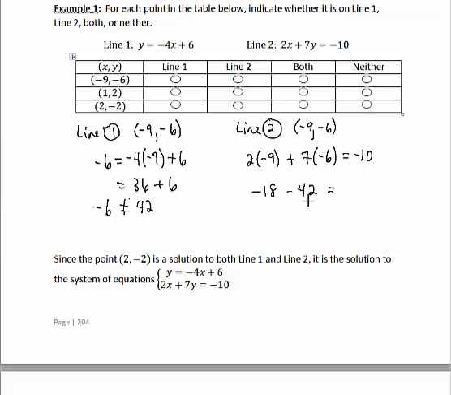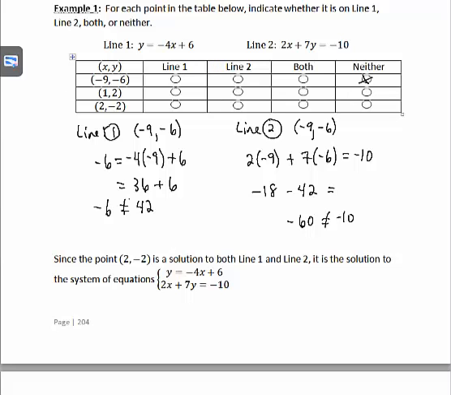We just want to calculate the left and compare it to the right, see if they're equal. But in this case, they're not equal. You have a -60 and a -10. So this ordered pair satisfies neither one of them, not line 1 or 2.